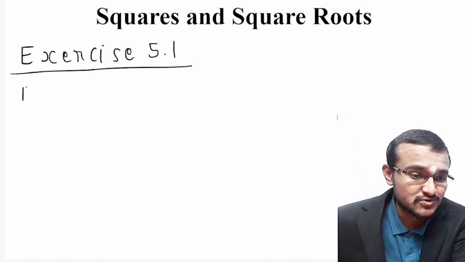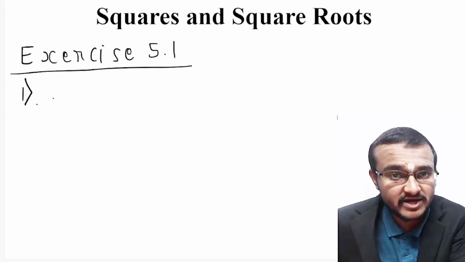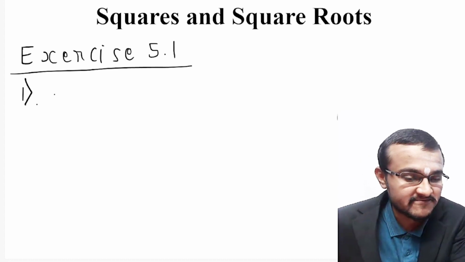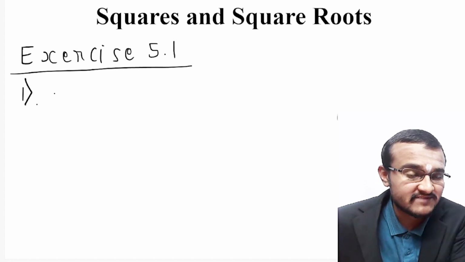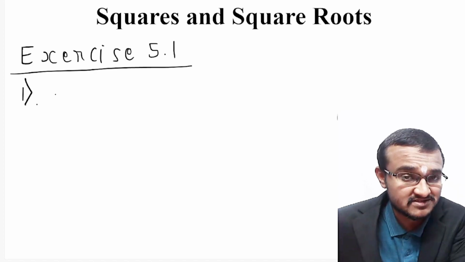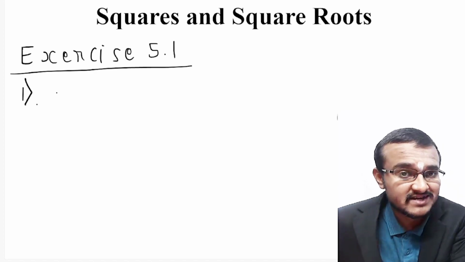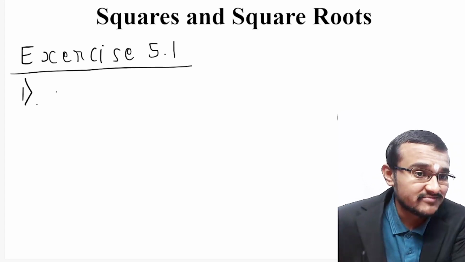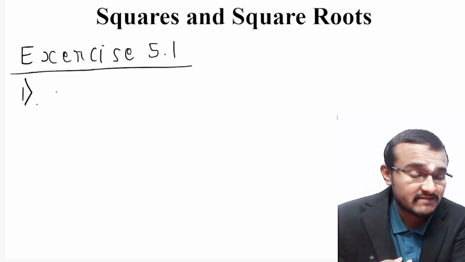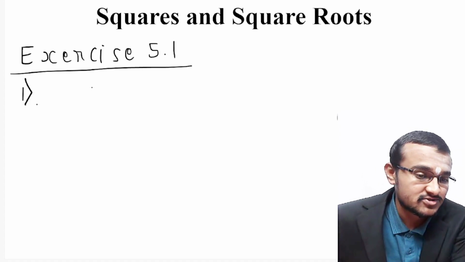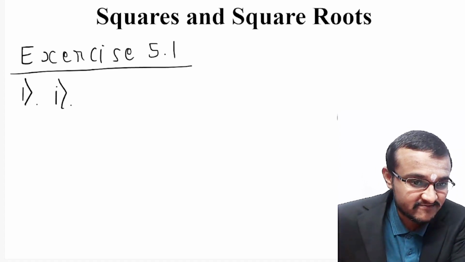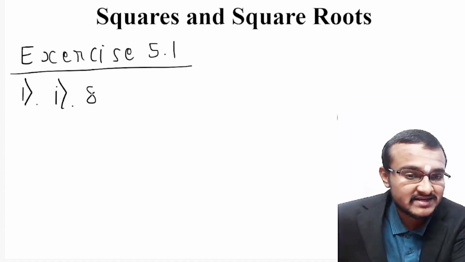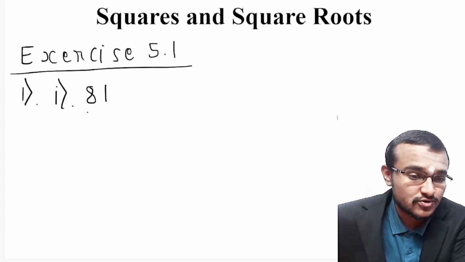Coming to the first question in exercise 5.1, which is there in chapter 5. In that first question, they have given a set of numbers, and they are asking what the square of that particular number will be ending with. For example, the first one is 81.